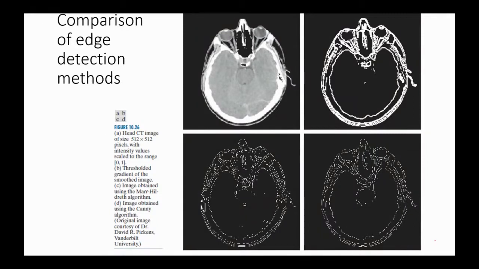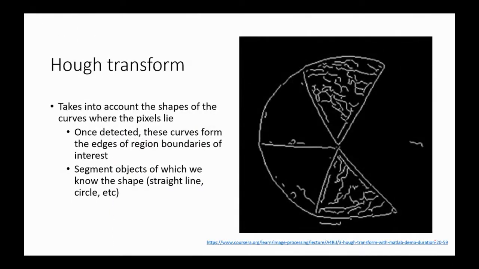Okay, right. And the final algorithm that I want to talk with you about today is the Hough transform. None of the other algorithms so far takes into account the shapes of the curves where the pixels lie.